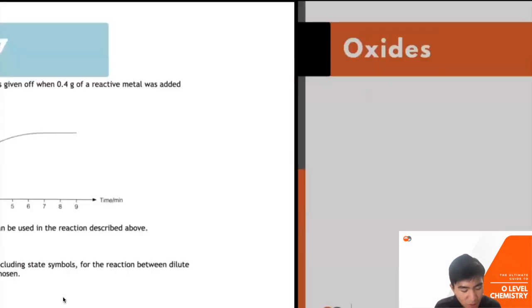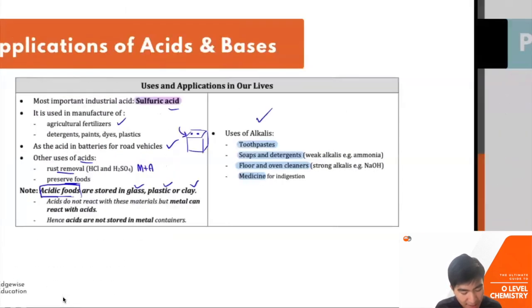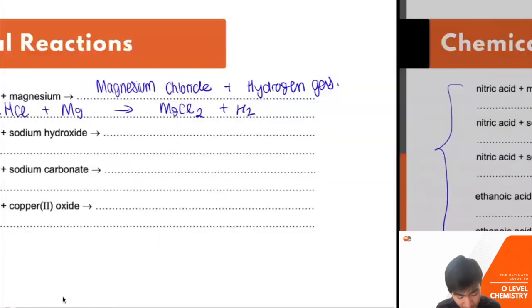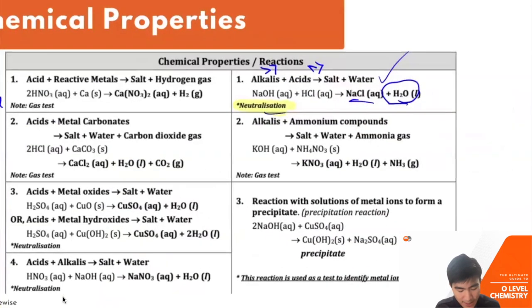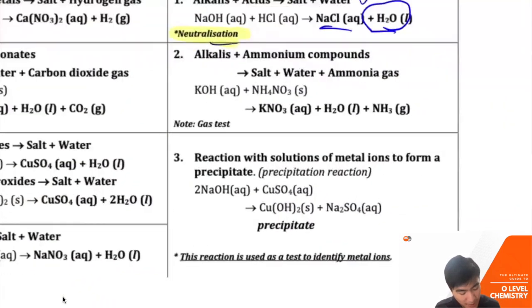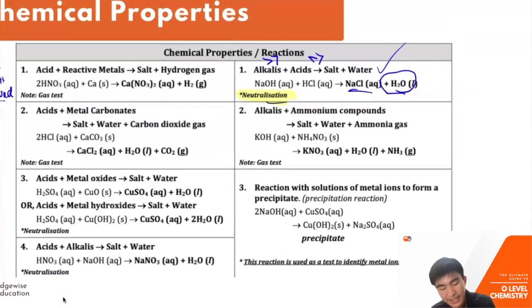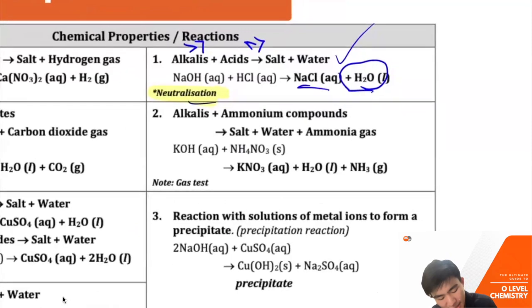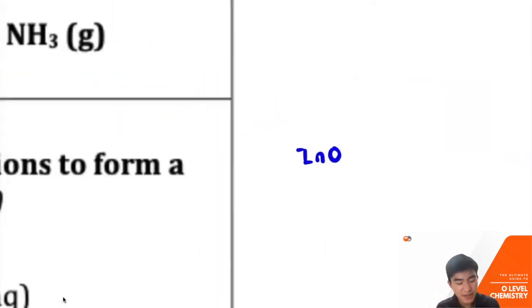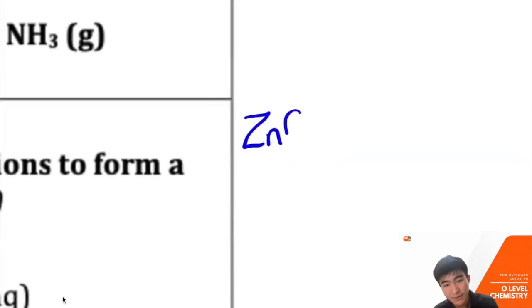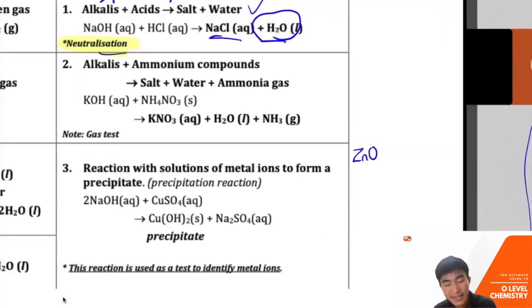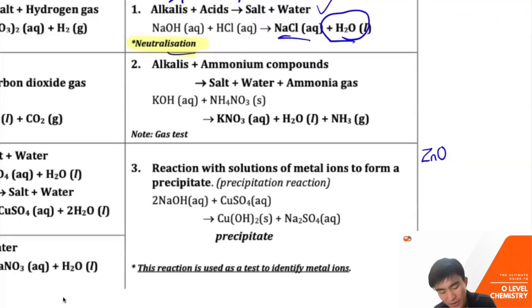Now, let's go back to the part where you look at chemical reactions with base. I have a metal oxide, for example, zinc oxide once again. Zinc oxide can react with bases.